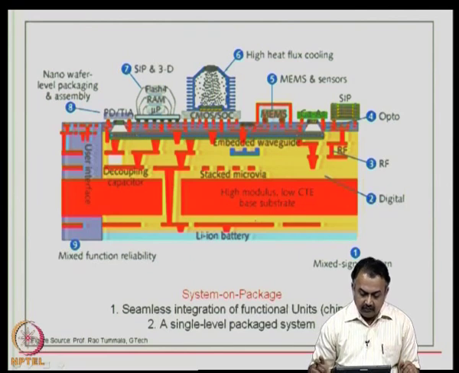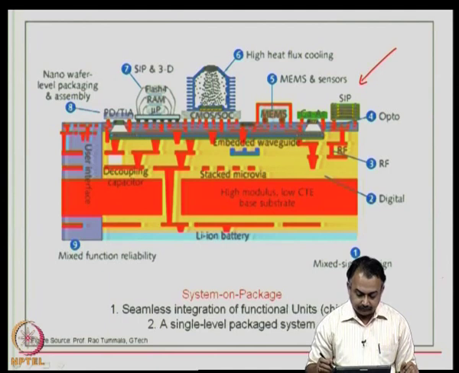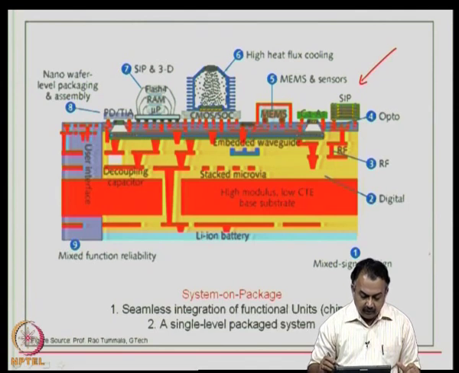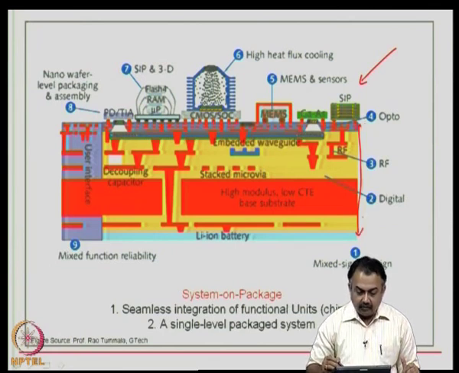So, if you can imagine a cross section here that is shown here, this is taken from Georgia Tech, one of the institutes which pioneers in system on package technology. So, you can look at the cross section here, the battery is embedded, there is a user interface, this is a high density interconnect structure that you are seeing here. It could be organic to reduce cost.